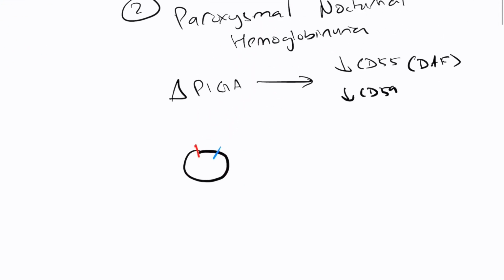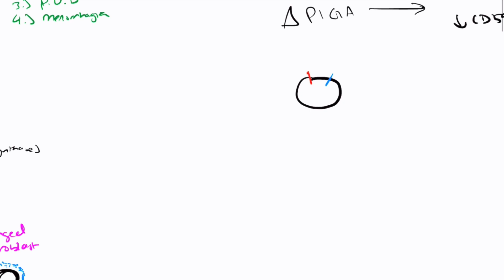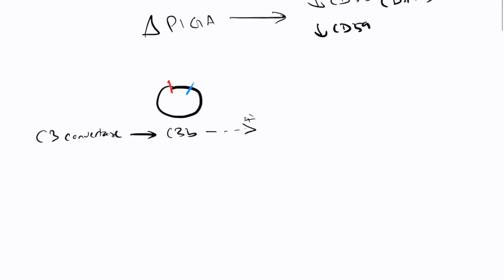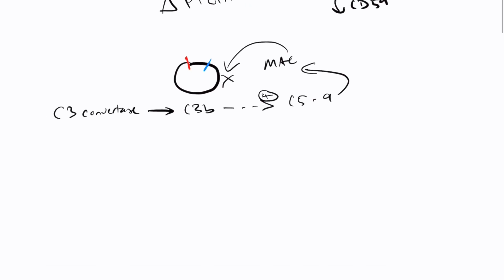C3 convertase is going to be formed, and it produces C3b, which activates the C5 through 9 system, and that produces the membrane attack complex. And that's what usually causes lysis of the red blood cells.